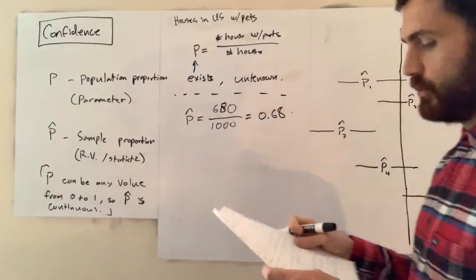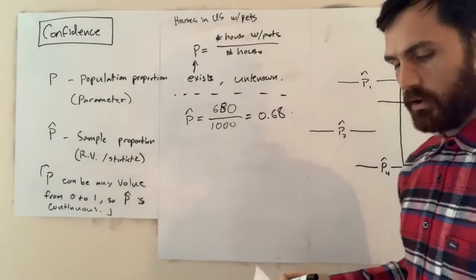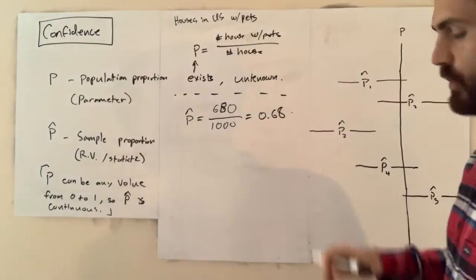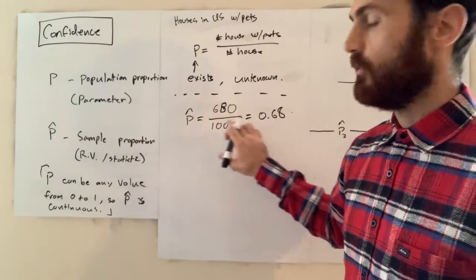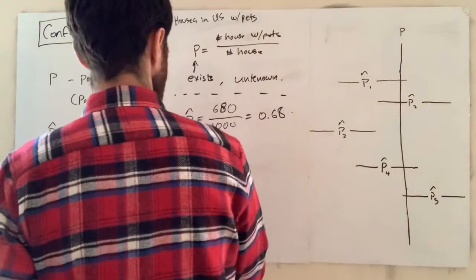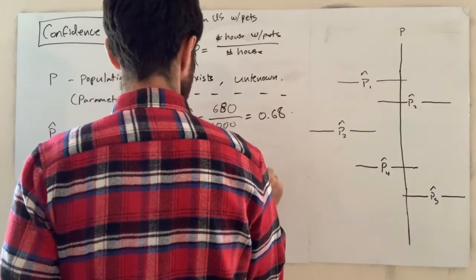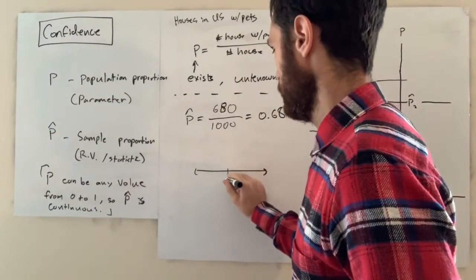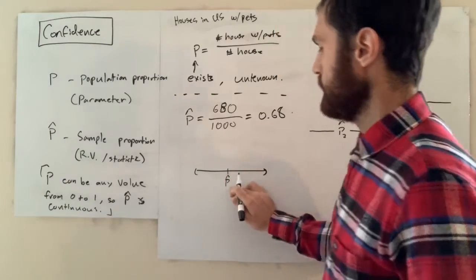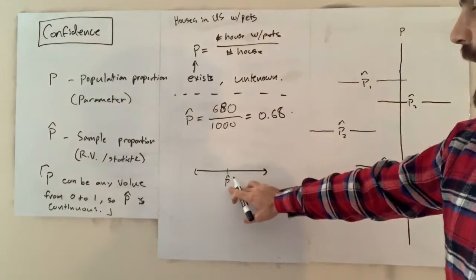And so what's the solution to that? Well, the solution is going to be, instead of using a specific value, we're going to use a range of values. So this kind of answers that second question, and we're going to center them around p hat.